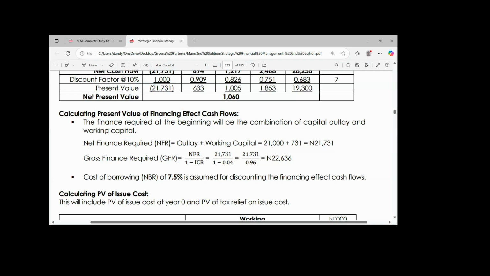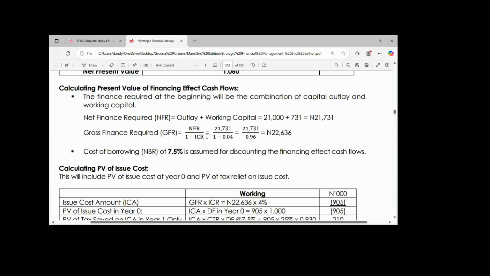In this case, and I also advised you last week, you should always use the cost of borrowing because the cost of borrowing is always higher than the risk-free rate of return. Therefore, we are using the cost of borrowing rate of 7.5%. How do you arrive at the 7.5%?